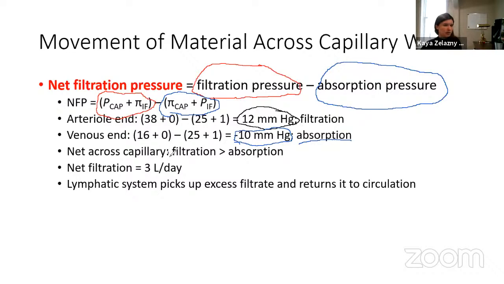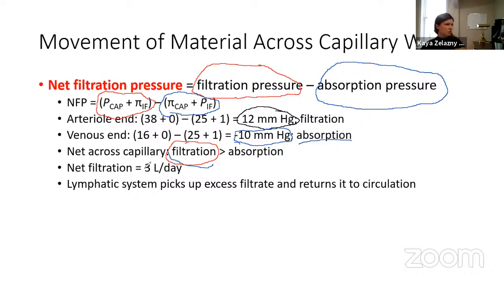Overall, for the capillary, we do see more filtration than absorption. So both are happening at once, but we are having more fluid filtered at the arteriolar end than we're having absorption at the venous end. So on net, we see 3 liters of fluid filtered a day.